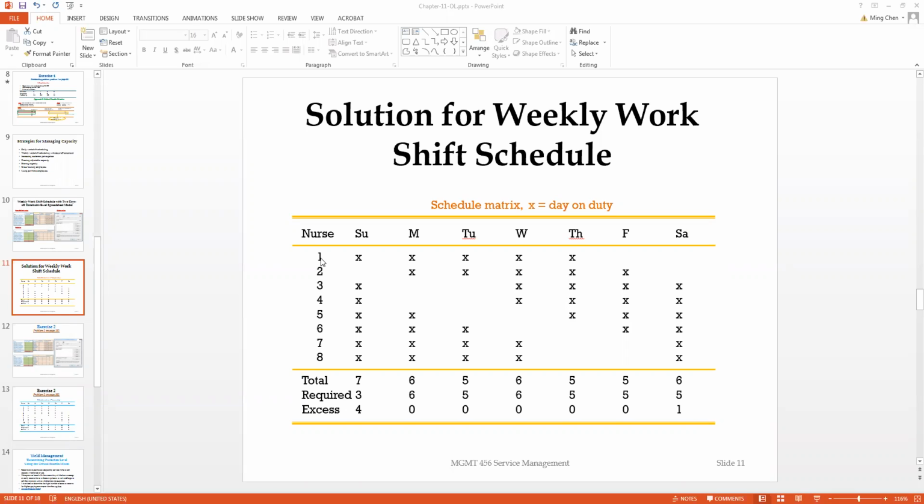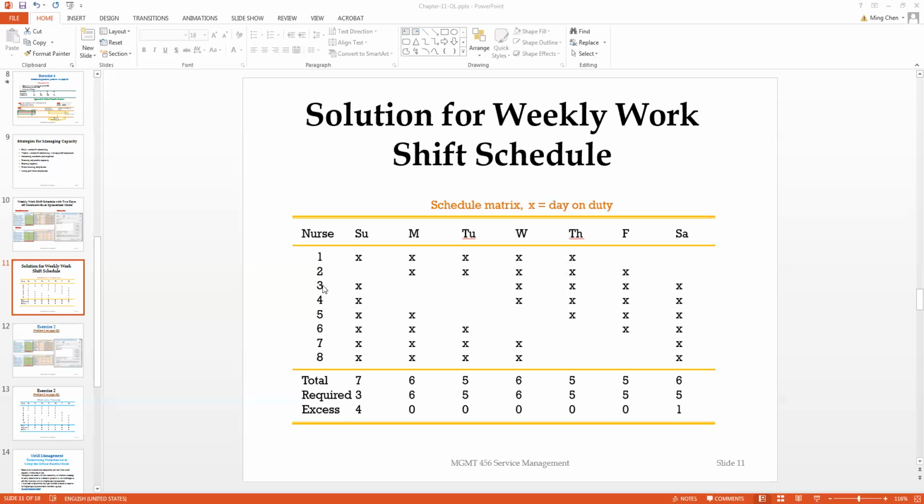You can see the first person works from Sunday to Thursday. I use a check mark to mark the working days. So the first person works Sunday, Monday, Tuesday, Wednesday, Thursday. The second person works from Monday to Friday.